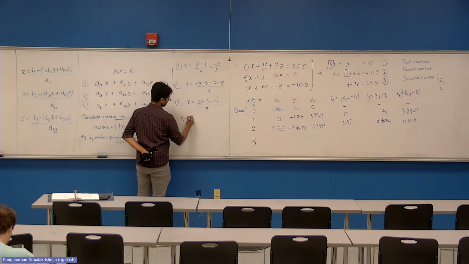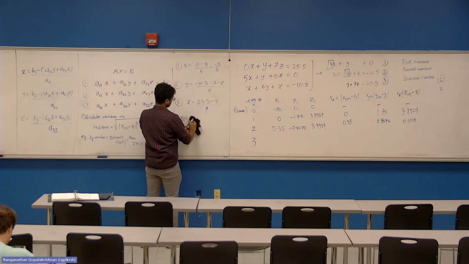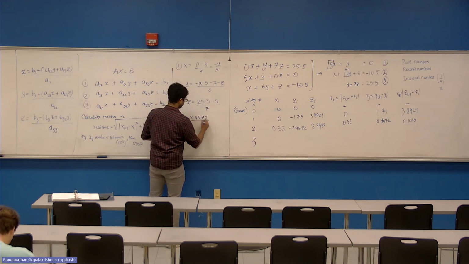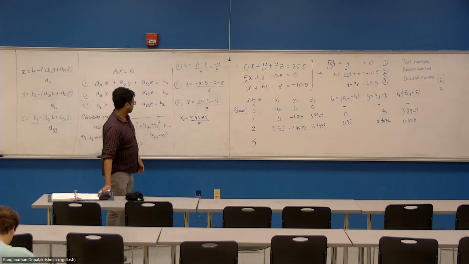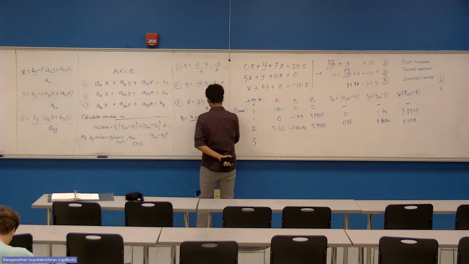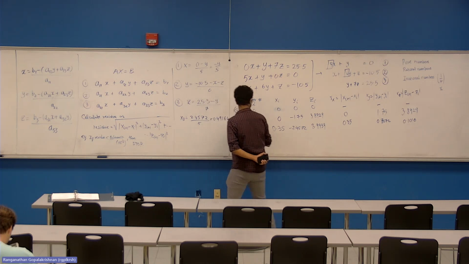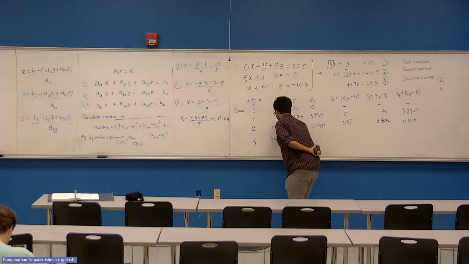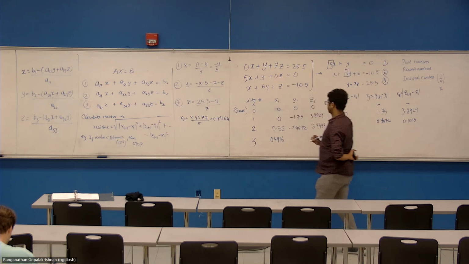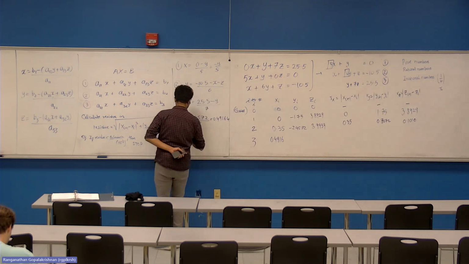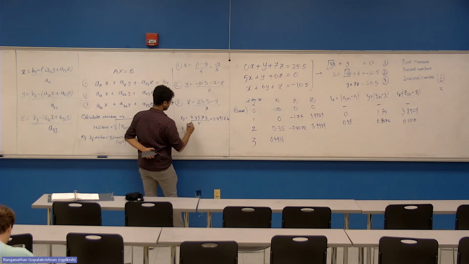X3 is 2.4572 divided by 5, which is 0.4916. Y3, tell me if I'm wrong, okay, please.